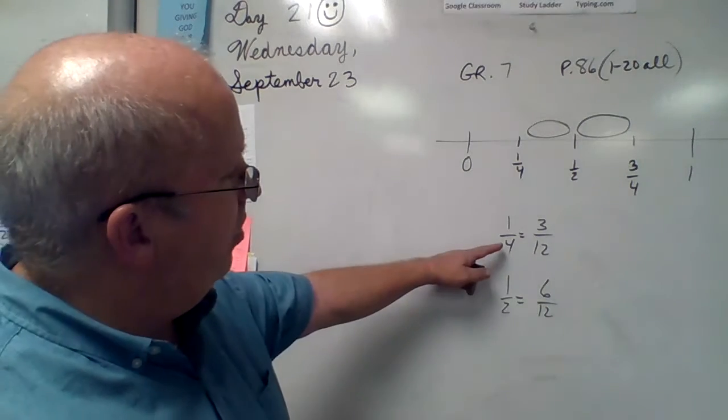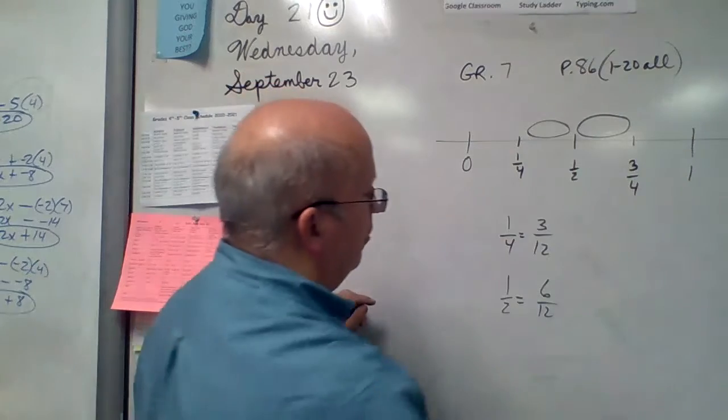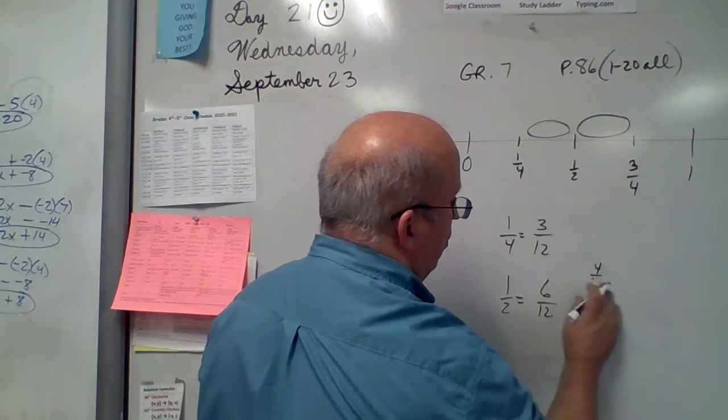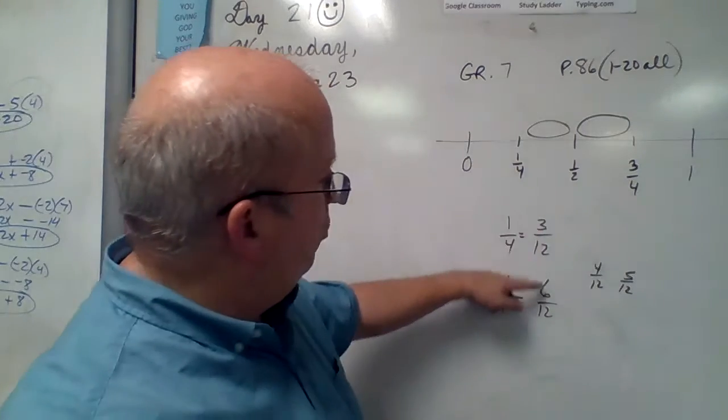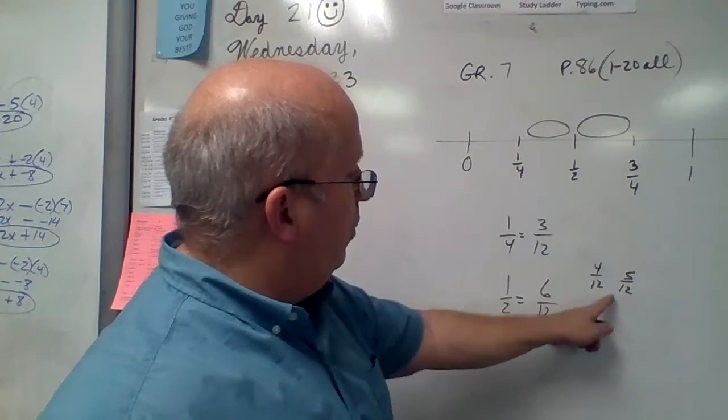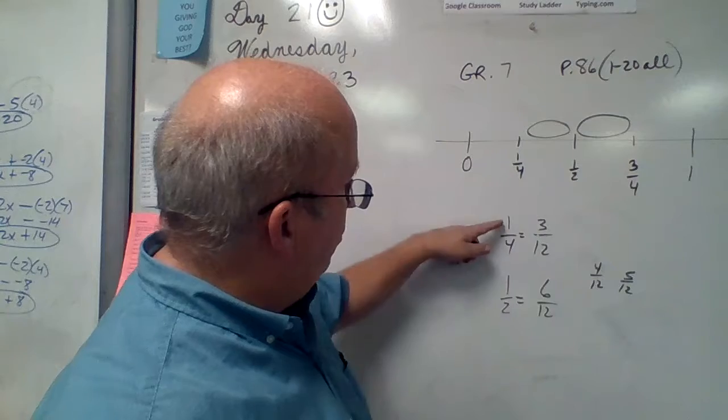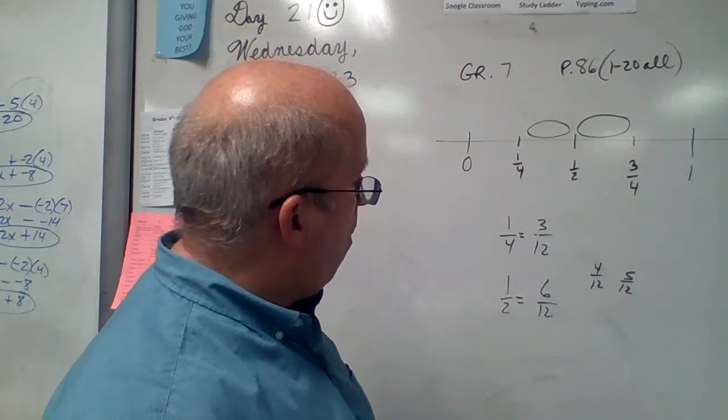Doesn't it make sense then that the numbers 4/12 and 5/12 have to be in between these 2 numbers? And if they're in between these 2 numbers, they have to be in between these 2 numbers as well?